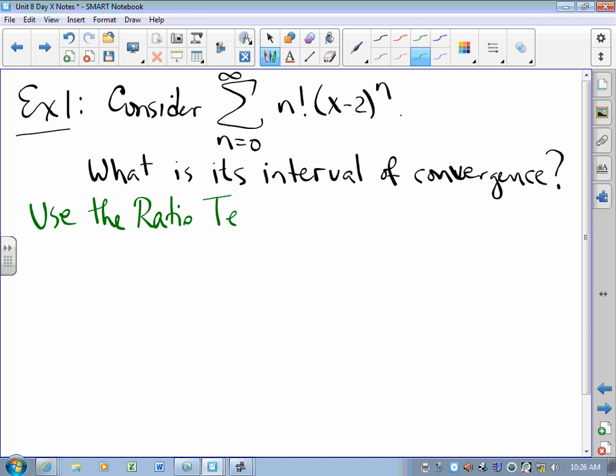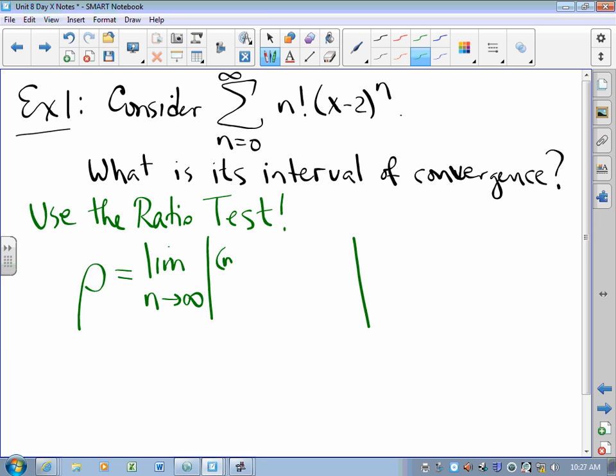So we are going to use the ratio test. And the ratio test says, row, row, row your boat gently down the stream. It's the limit as n approaches infinity of the absolute value of the n plus 1th term over the nth term. The n plus 1th term looks like this. The nth term looks like this.